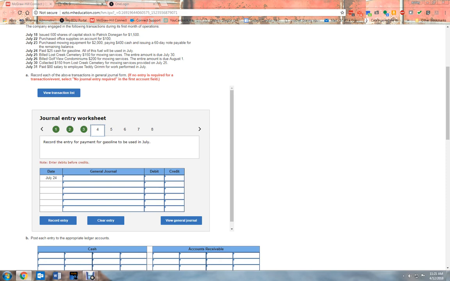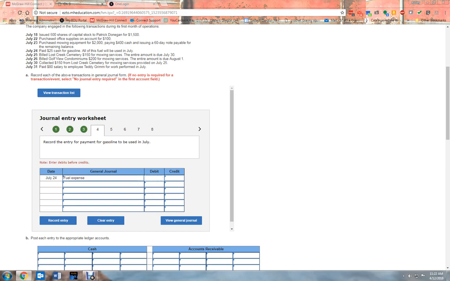All right, so July 24th, we are going to pay $25 cash for gasoline, and all this fuel would be used in July. So if we're going to use all of it up, that means it's not in inventory, it's being used up. We know that costs that we incur in generating revenue are expenses. And if we don't have fuel, we can't have a lawn service business.